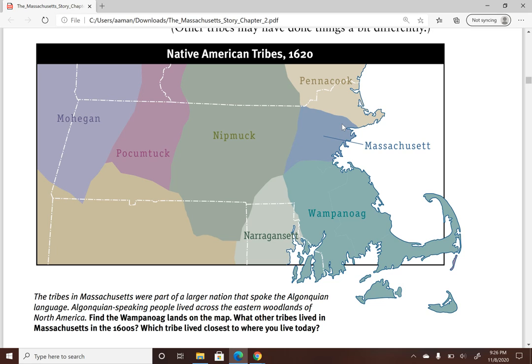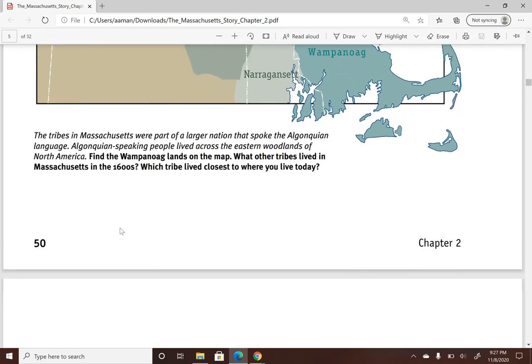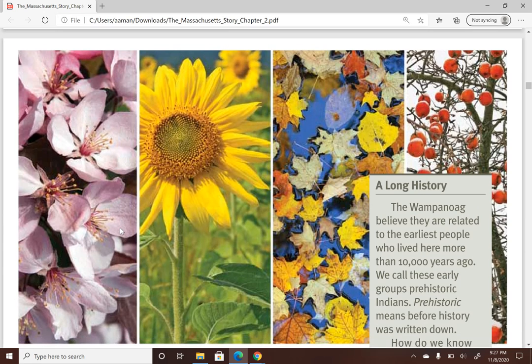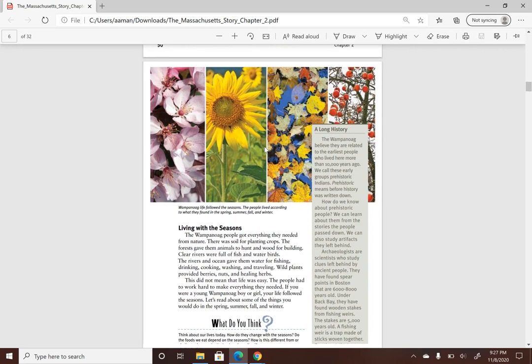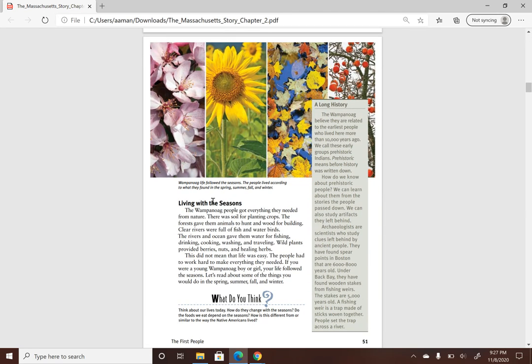So that means that we are the Massachusett tribe. I'll zoom out so you can see this page. And this is Living with the Seasons.